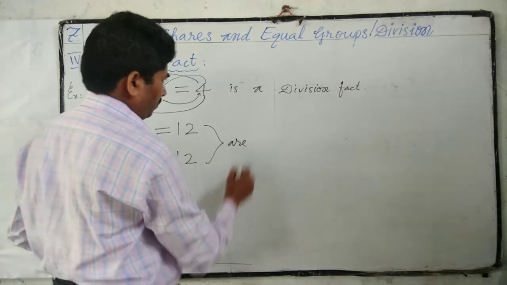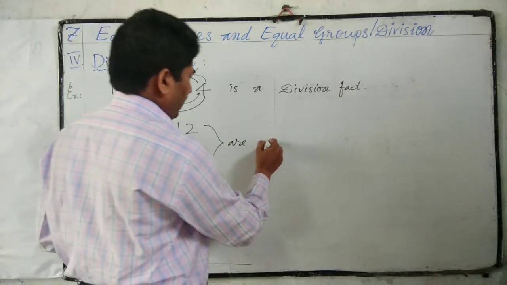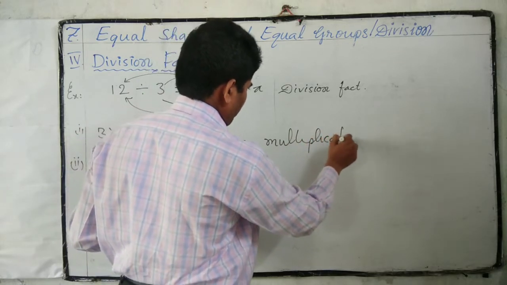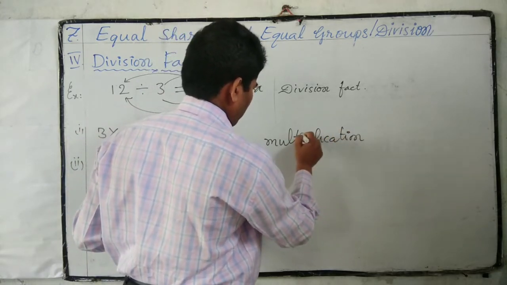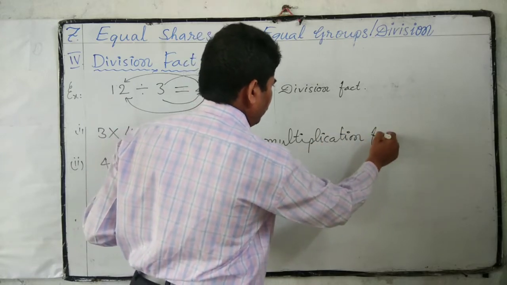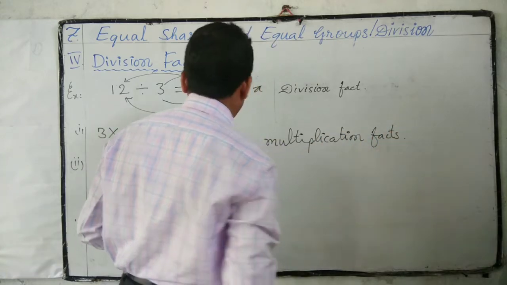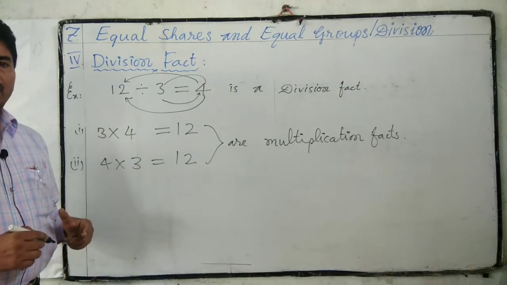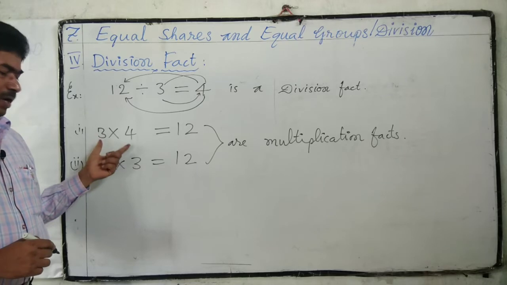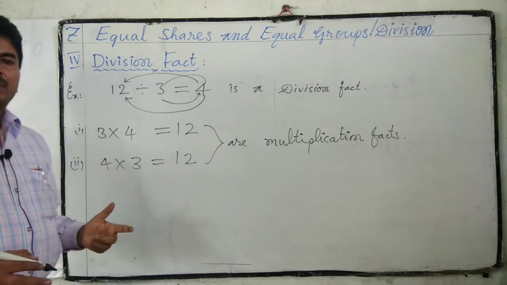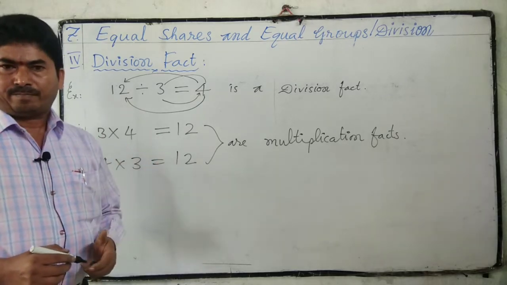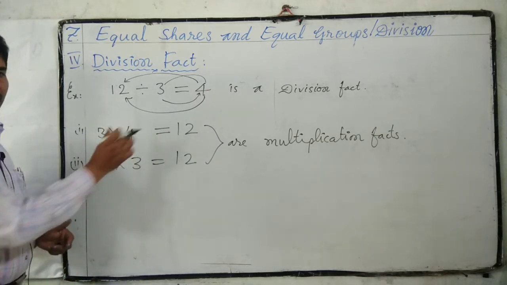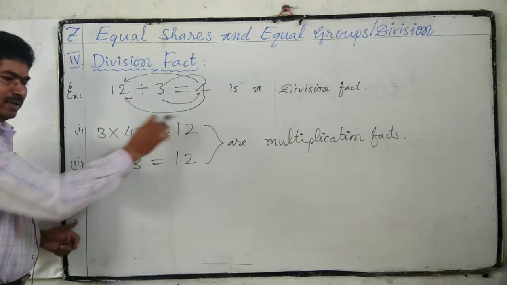These are multiplication facts. Or we can say, when we multiply two numbers in any order, the product is the same.